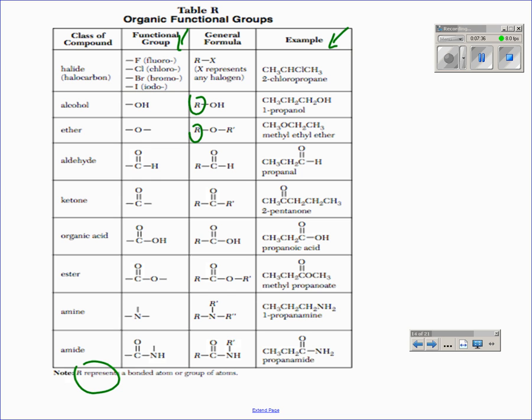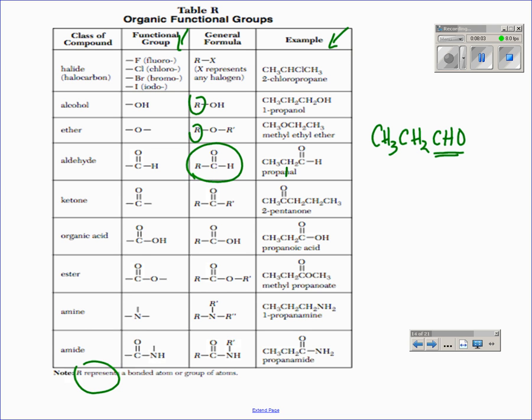So let's give you an example of an aldehyde. Remember, aldehydes are tricky because if you're going to write a condensed structural formula, you use the abbreviation CHO so as not to get it confused with an alcohol. So the minute you see CHO, you know it's an aldehyde.